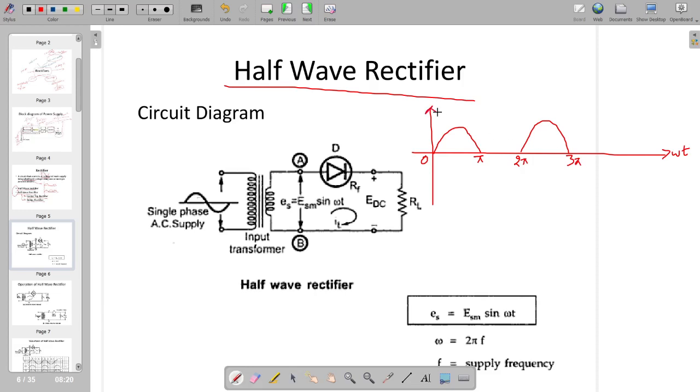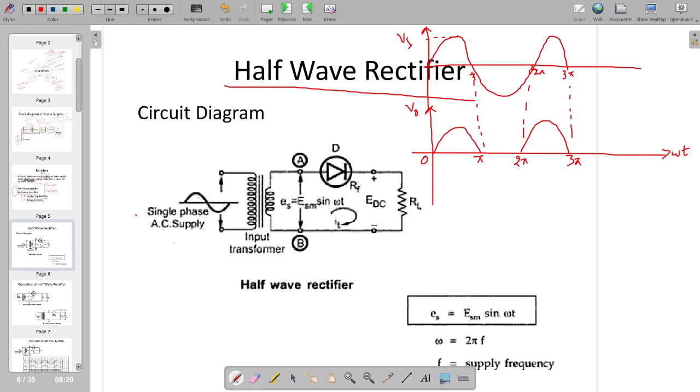This is the output voltage. I am giving AC as the input voltage, and this is the maximum value of the voltage.